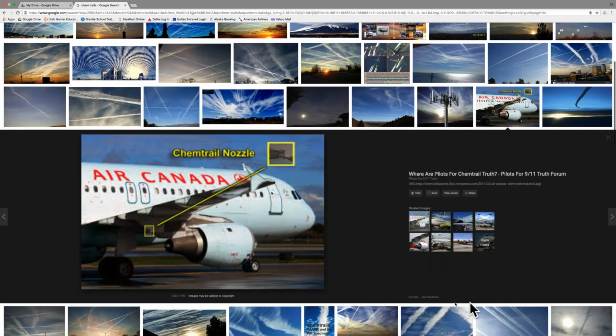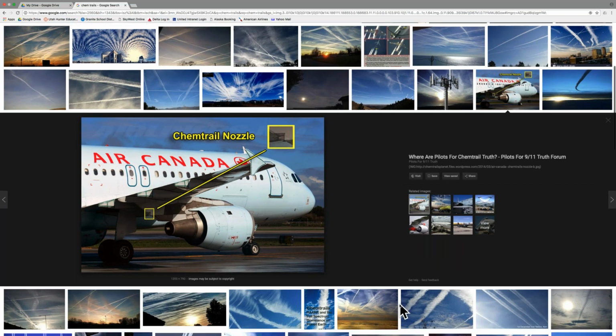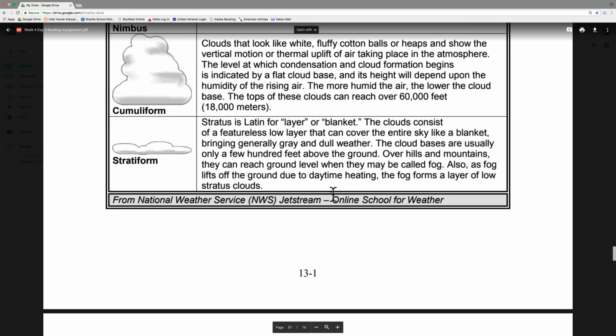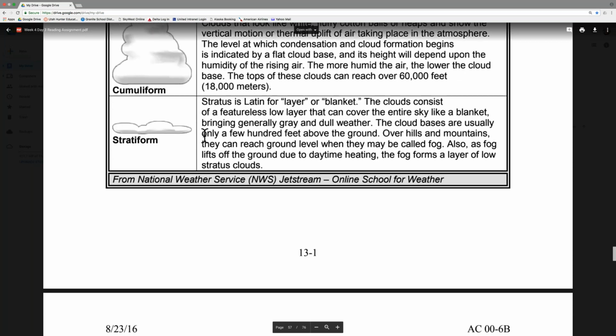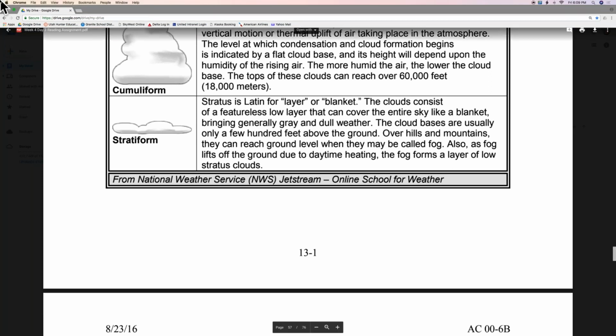Oh, look at that chemtrail nozzle. Oh no. Sorry. I'm gonna have to show you guys a video. That's just too good to keep to myself. In the airlines, we have a lot of fun with making fun of different things.